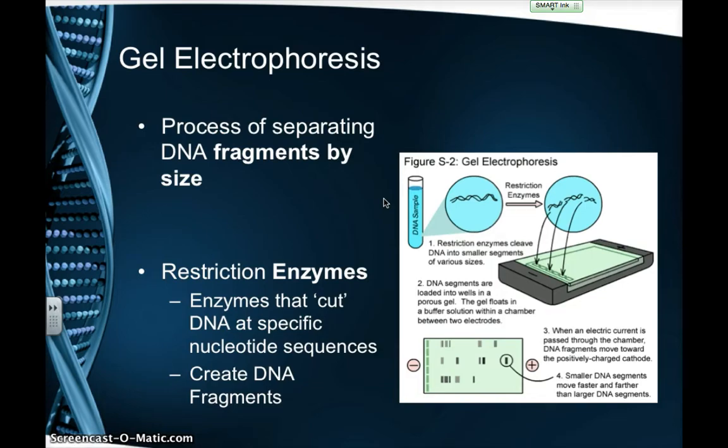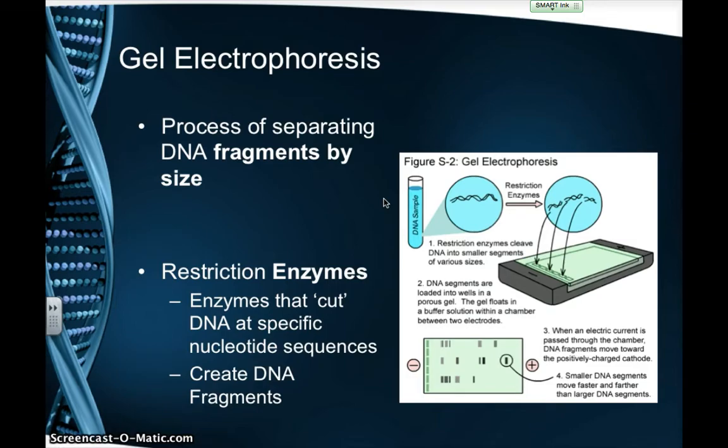Basically how this works is we have a long strand of DNA, and we use something called restriction enzymes. Remember that enzymes have two jobs. They either cut things or put them together. In this case, restriction enzymes are used to cut the DNA at very specific locations so that every single organism that's being analyzed will be cut at the same locations if they're the same DNA.